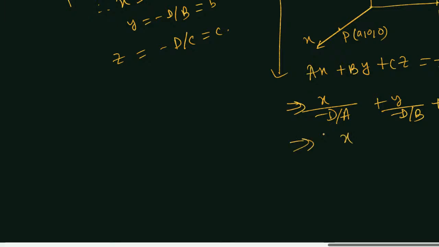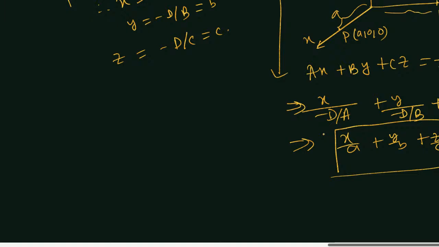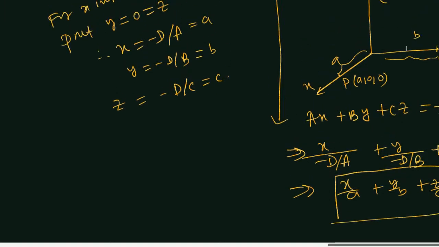So x by a, y by b, z by c equal to 1. Hope you have understood. Equation of plane in intercept form is x by a plus y by b plus z by c equal to 1. This part is a, this part is b, and with the z axis, c.